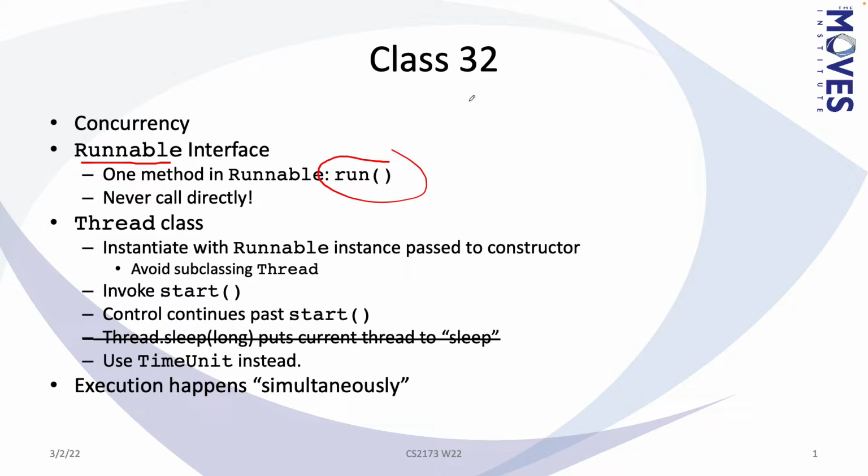The way that the concurrency works is something which happens under the hood. When you implement a Runnable, and we'll see an example of this, you implement the run method, and that's what your object is going to do. But unlike what we've been doing so far, you don't call the run method.